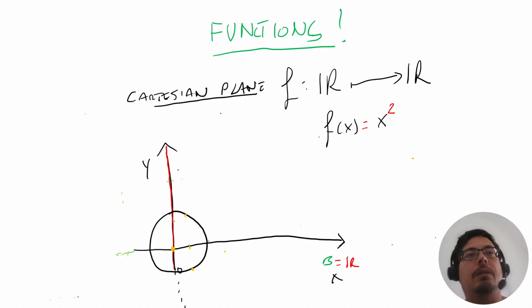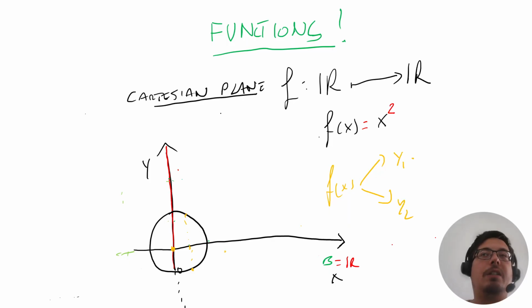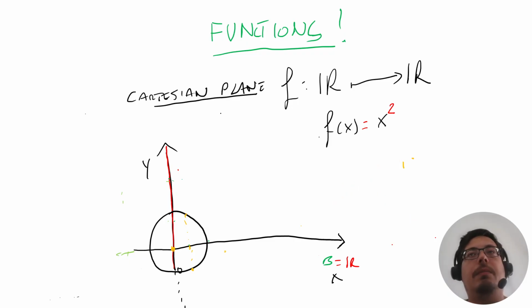You don't know where to go. So when you write f of x, you have two points, y1 and y2. So technically this is not a good function, but we can work with it as if it were a function, because you can write this as what is called an implicit function.